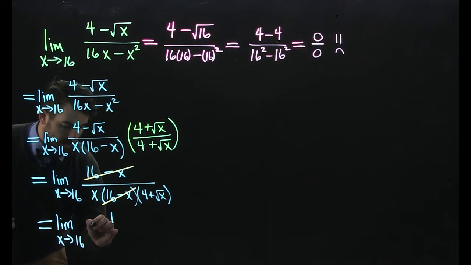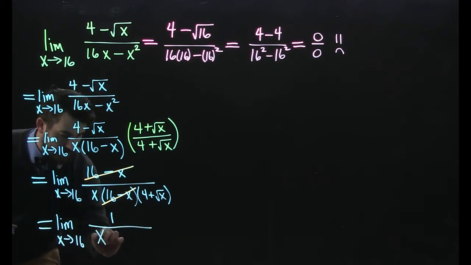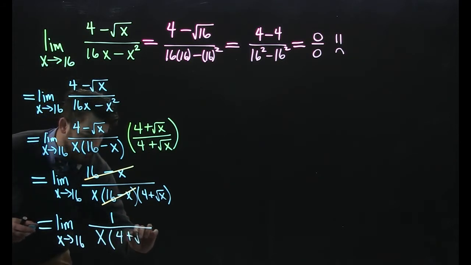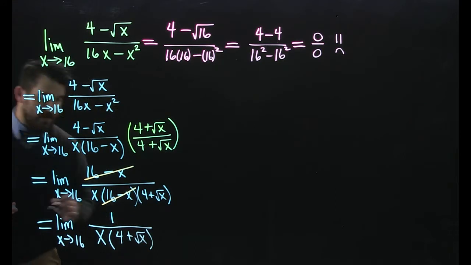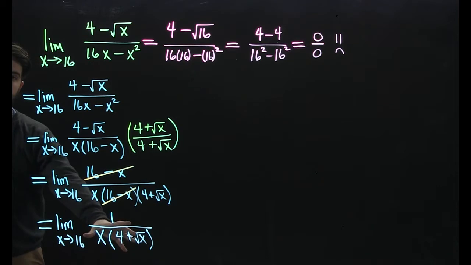So that's going to be 1 divided by, and then what's left? We have an x, and then times 4 plus root x in parentheses. And so here is the reduction of this expression.